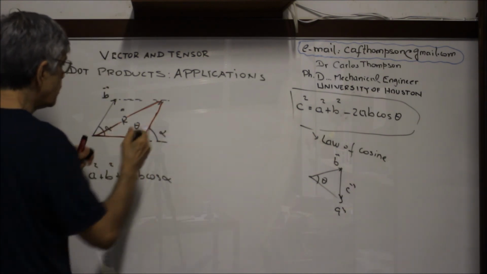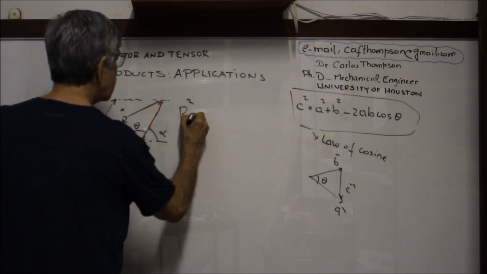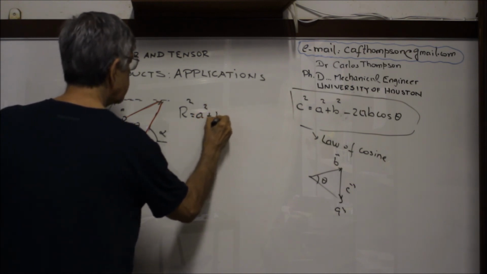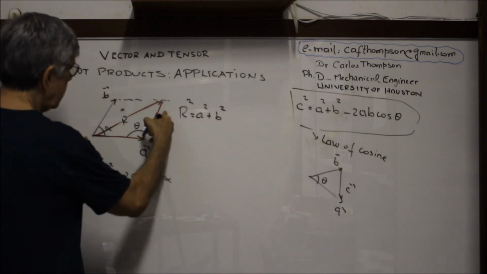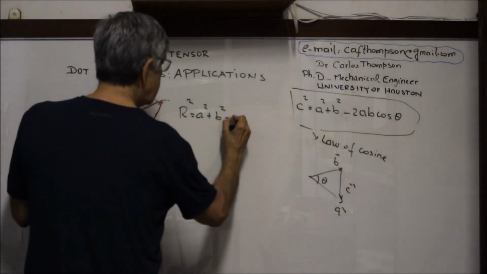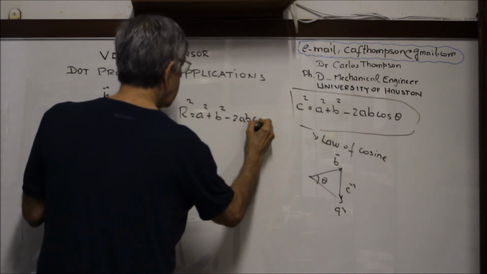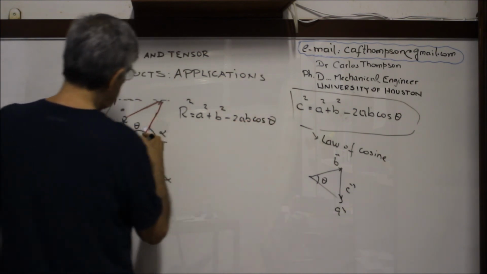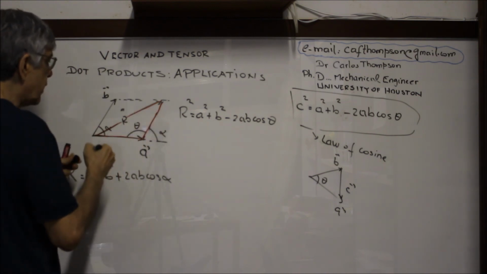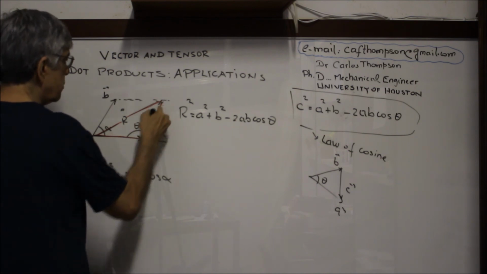So R squared, forget here for a while, is equal to A squared plus B squared, this is B, this is A, minus 2AB cosine of theta. Theta is the angle between these two vectors. This is A and this is A and this is B.